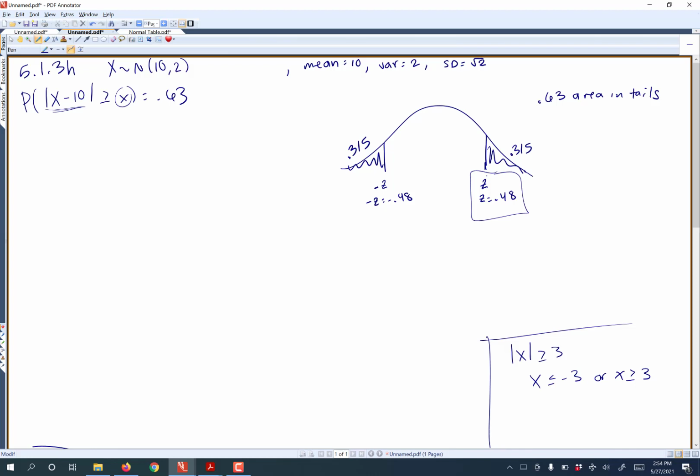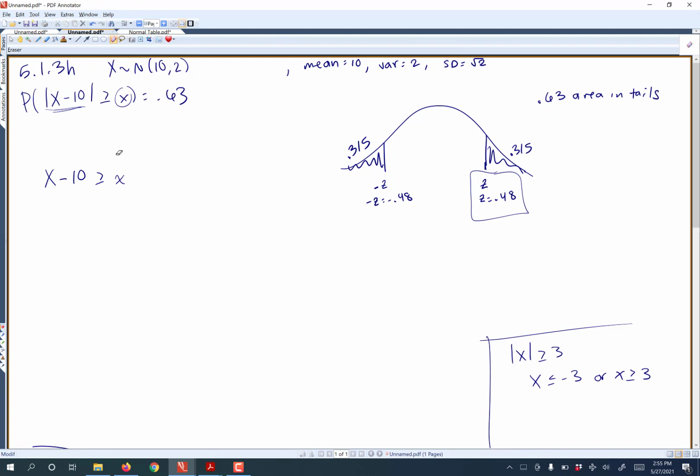But we have to go back to the x value, because they didn't want us to just get to z. Our goal is to get back to x. But the problem is we have this weird inequality. So let's forget about the inequality or the absolute value for a minute. What if I just write x minus 10 greater than or equal to some little x value?